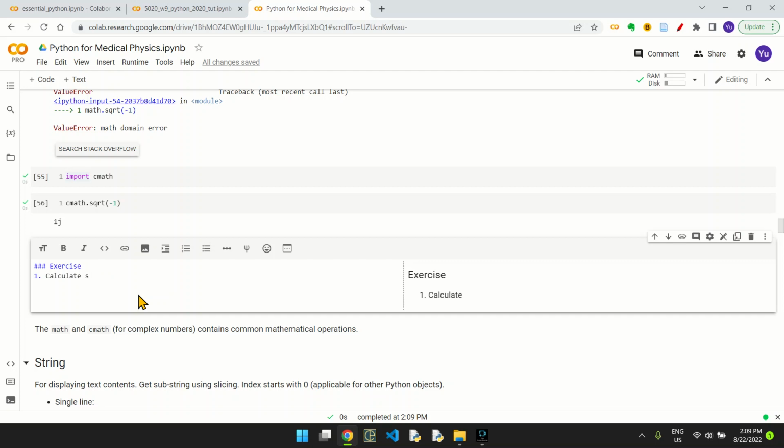Let's ignore it. Okay, let's calculate the sine of maybe pi over 4. Use the math module to calculate that.